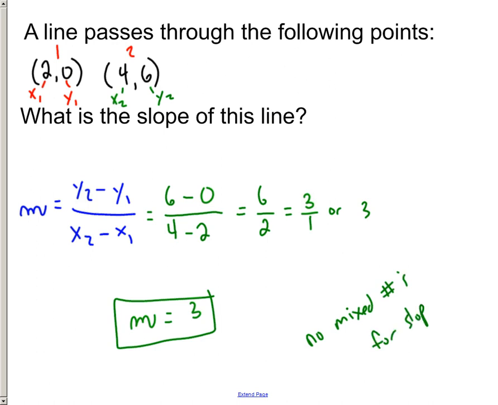Now, if you're looking for the best tips and best practices, if you try to do this in your head early on, you're going to make a lot of mistakes. I would literally write a 1 and a 2 over the points, and tag each part: this is point 1, so it's x with a subscript 1, and the y with a subscript 1.